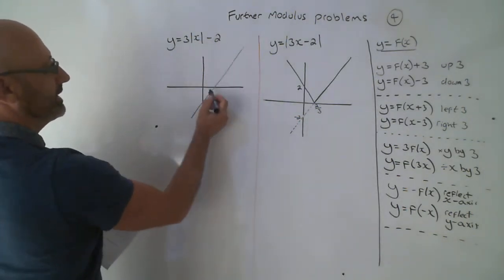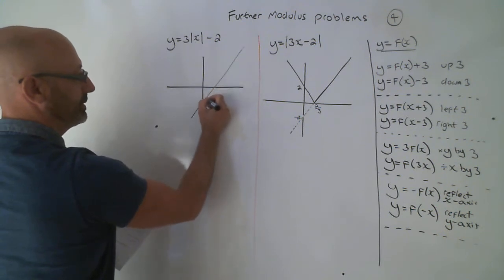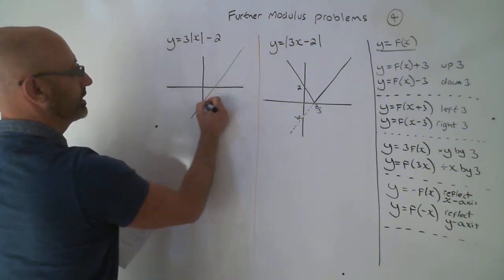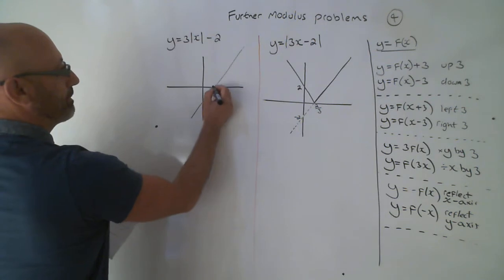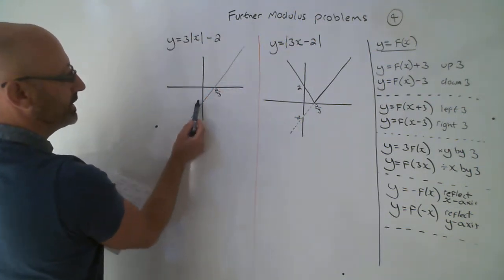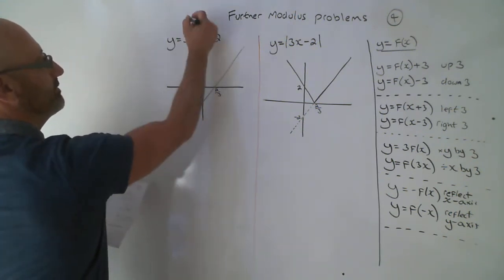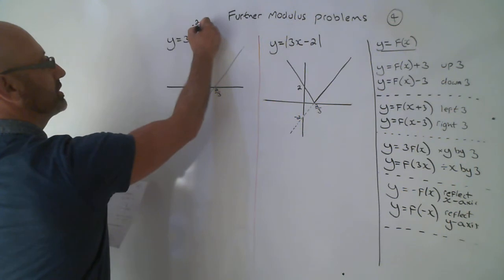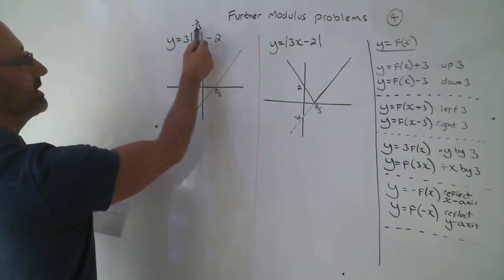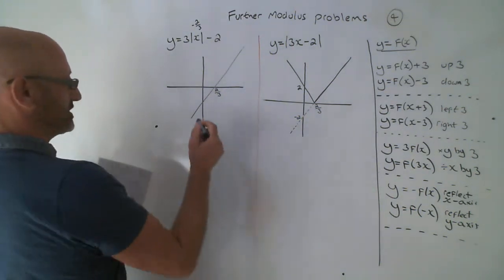Well, it's not going to affect when x is positive, so it's going to go all the way down to here. Okay, but say we choose a point here, minus 2/3. Well, if I put in minus 2/3, what's that going to be, Nina, when it's inside the modulus? Plus 2/3. It's going to be plus 2/3.